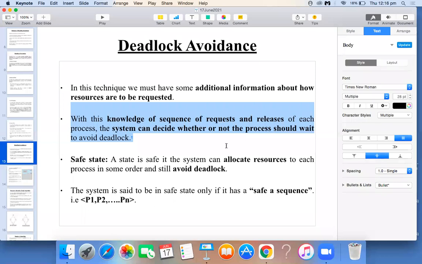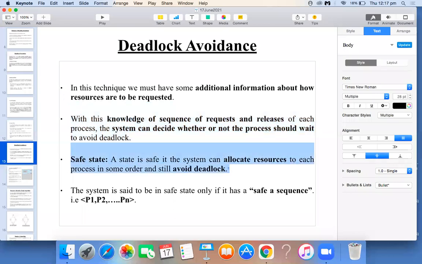You can observe the third point, what it is saying. A state is said to be safe if we can allocate resources to each of the processes.